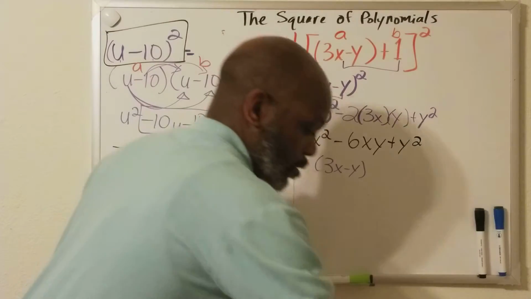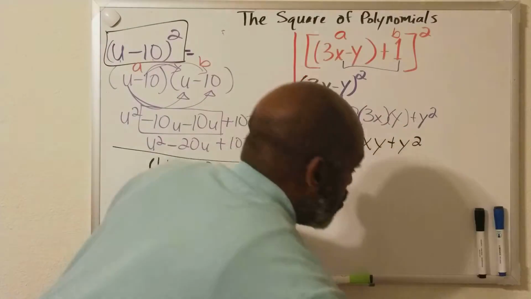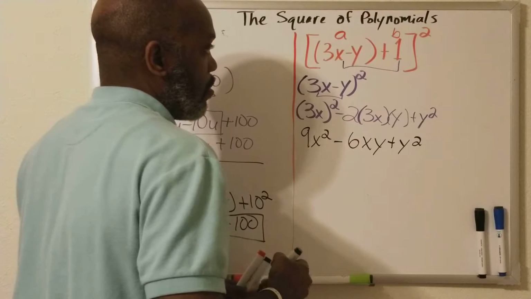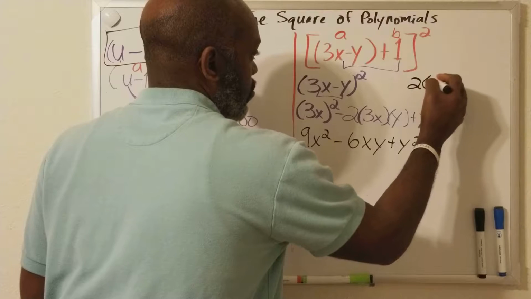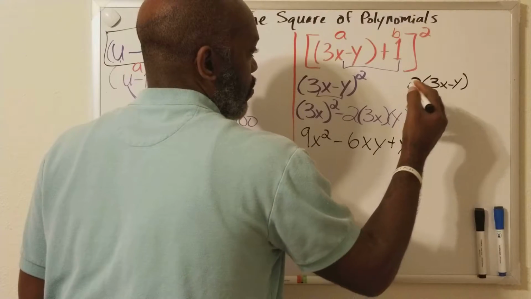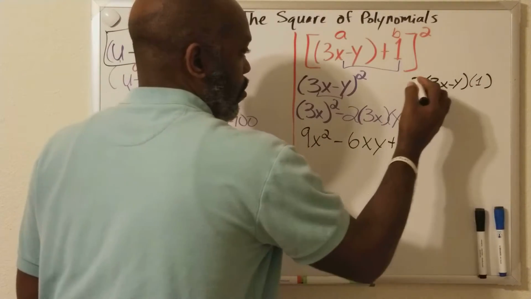Okay, I may need to put it over there for you. Okay, so we're going to do 2 times 3x minus y, right, times 1. What does that give us?